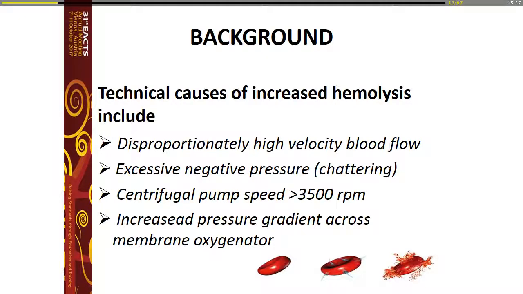Major contributors of technically induced hemolysis may consist of sublethal damage of erythrocytes by high-velocity blood flow or shear stress, excessive negative pressure by chattering or cavitation, and pressure change within the oxygenator.